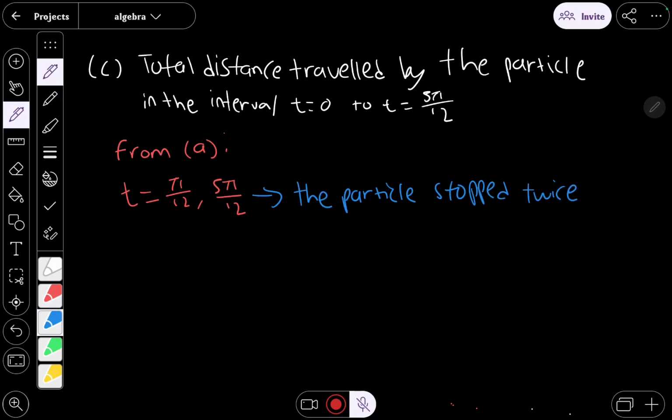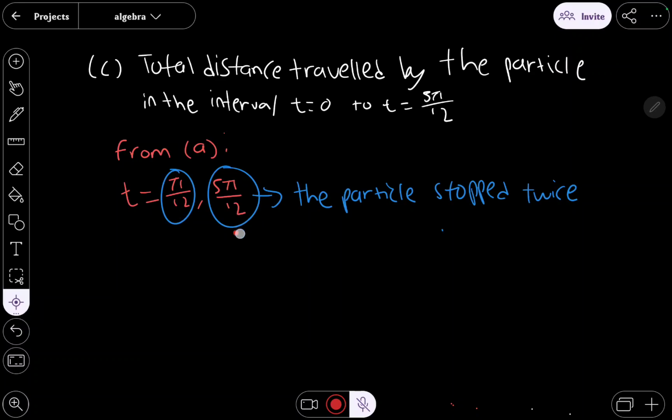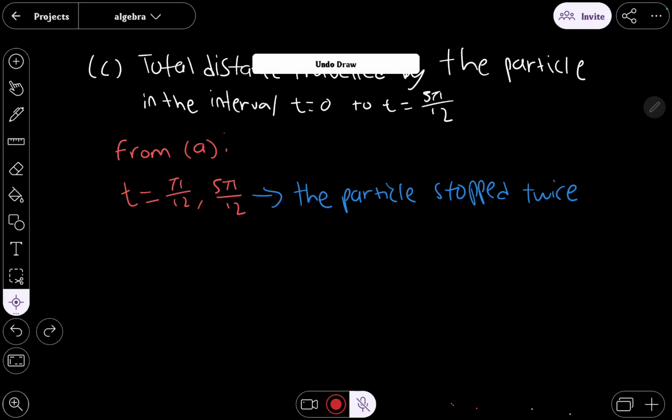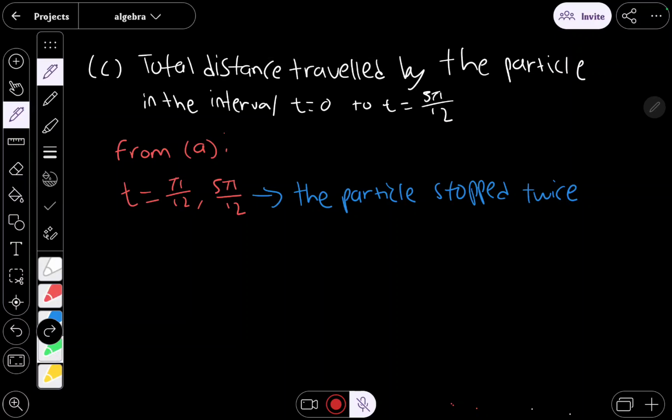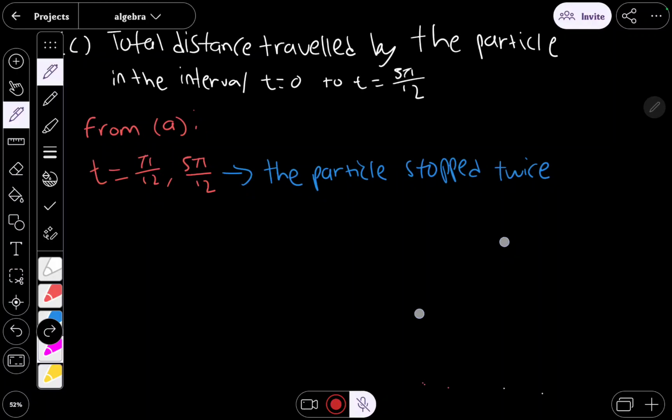Why did the particle stop twice? There are 2 times here: pi over 12 is one, 5 pi over 12 is another. Understand so far? Okay, moving on, we know that the particle stops at t equals pi over 12 and 5 pi over 12.